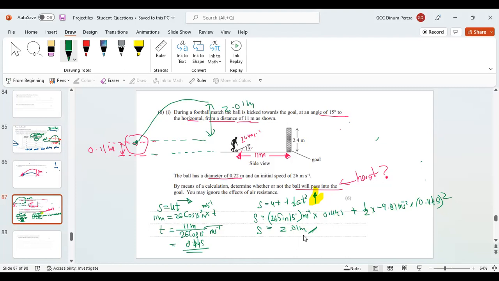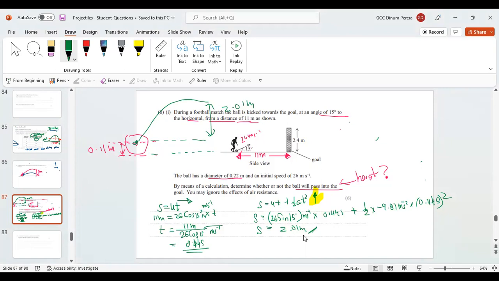It will reach the goal because the height to the center of gravity of the ball is this much after adding. Or else you can add the total diameter of the ball as well, for the safer side. Because the ball has to be totally within the goal.